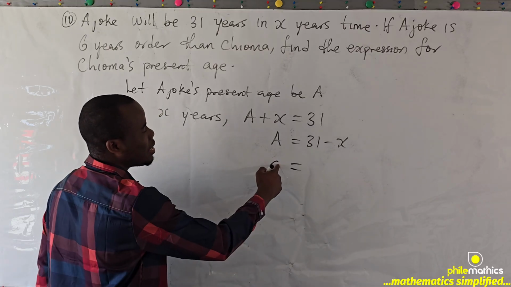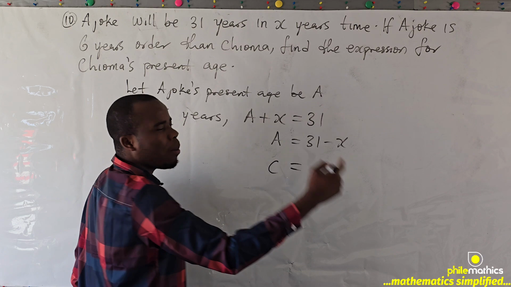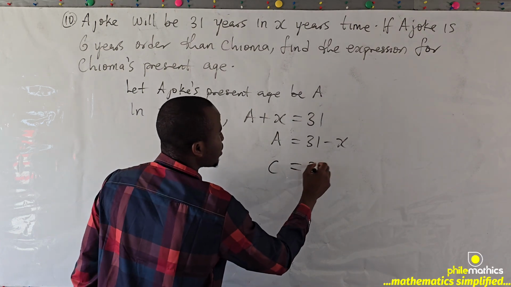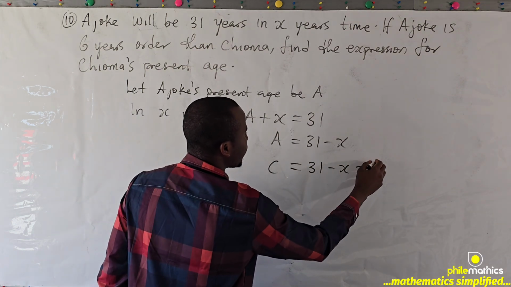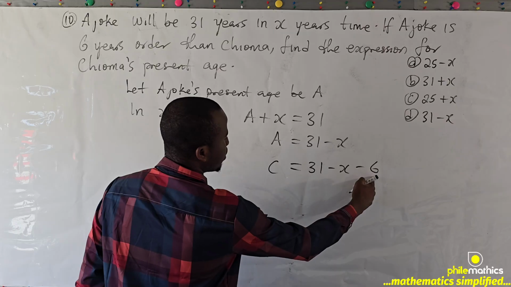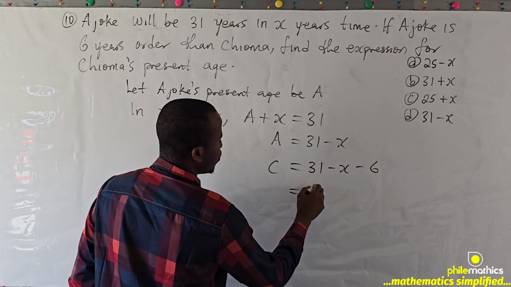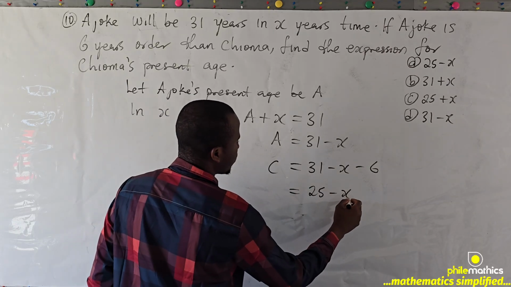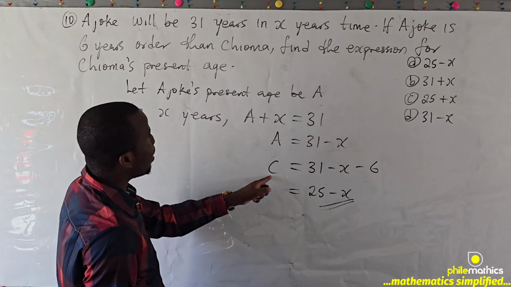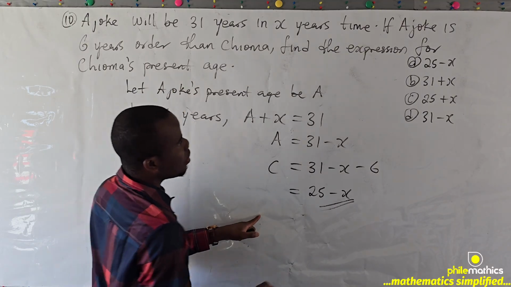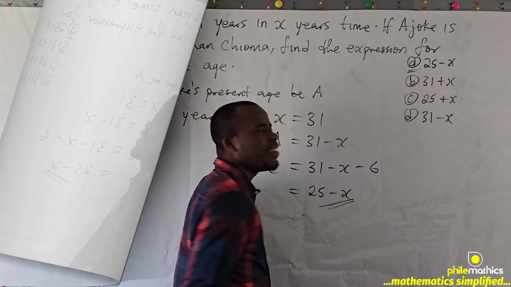So 31 minus X minus 6. So 31 minus 6 is 25 minus X. So this is what Chioma's present age is, which is A.